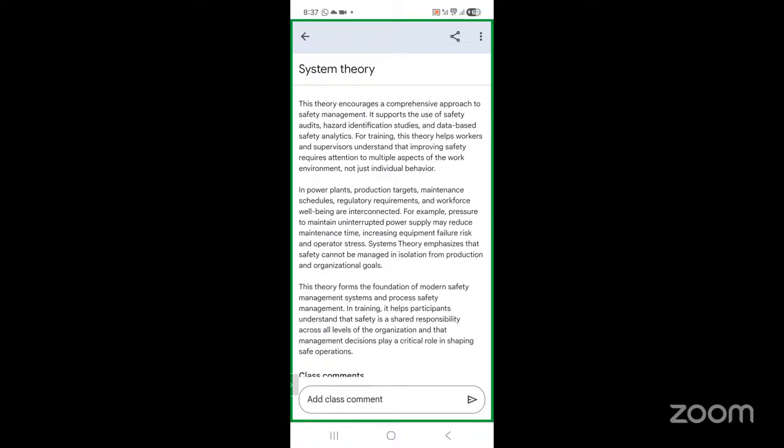And another thing, some organizations follow the closed system because they do not find any uncertainty. Therefore, they use traditional methods, traditional machines, traditional procedure, whatever things are there.